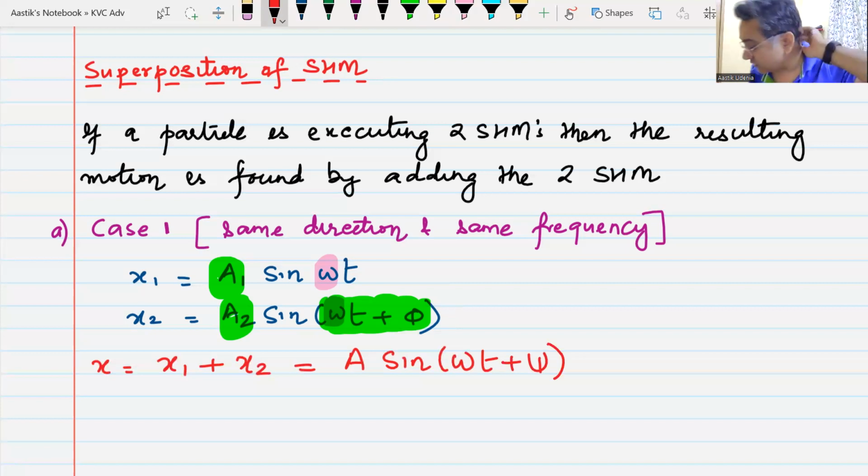The resulting motion is going to be an SHM, and that is what you must remember. Very important point. When you have a particle executing two SHMs in the same direction, but they have the same frequency, the resulting motion is an SHM.